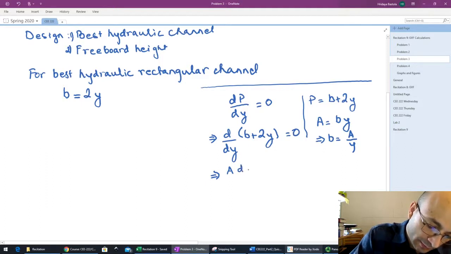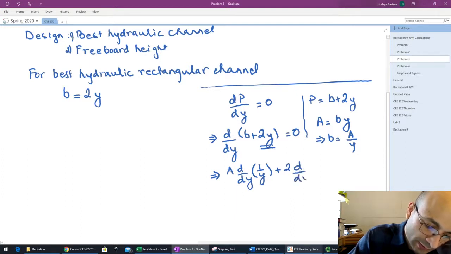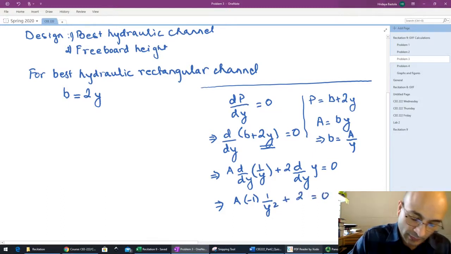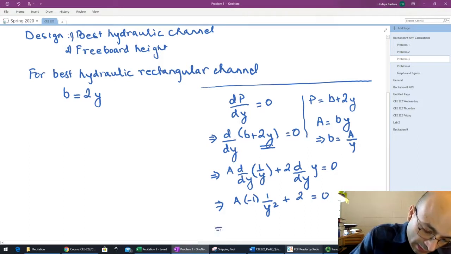Area times d over dy of 1 over y, plus the second part here, 2 times d over dy of y equals 0. So -1 comes from the derivative, and we are left with 1 over y squared in denominator plus 2 equals 0. Now we can plug back our area.